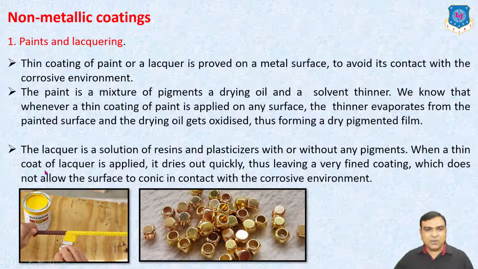When a thin coat of lacquer is applied, it dries out quickly, thus leaving a very fine coating which does not allow the surface to come in contact with the corrosive environment. So this is the example for paints and this one is the example for lacquering coatings.